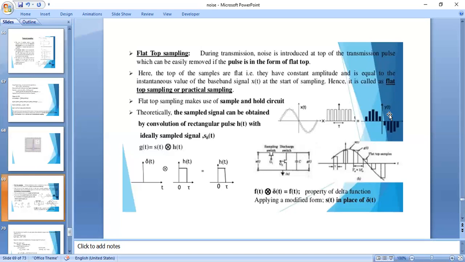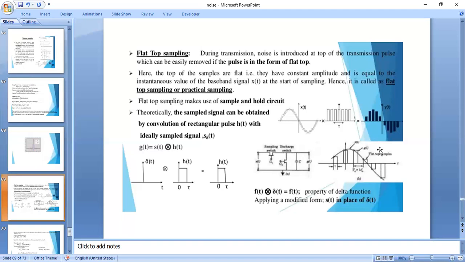To get this y of t, you obtain the sampled signal by the convolution of the rectangular pulse h of t with the ideally sampled signal. So this is the circuit to obtain flat top sampling.